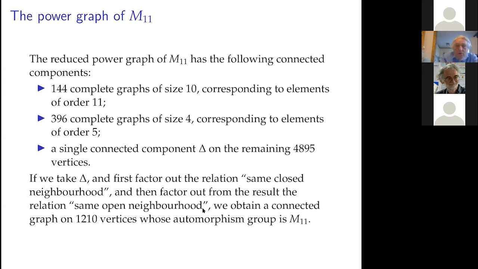You've got rid of all the rubbish at that point. And if you check along the way, you will find that you haven't actually lost anything. You get this huge normal subgroup, but the quotient group is precisely the automorphism group of the graph on 1,210 vertices that you have left, and that's M11. So M11 is a quotient of the automorphism group of its power graph, and therefore that is a counterexample to that conjecture.